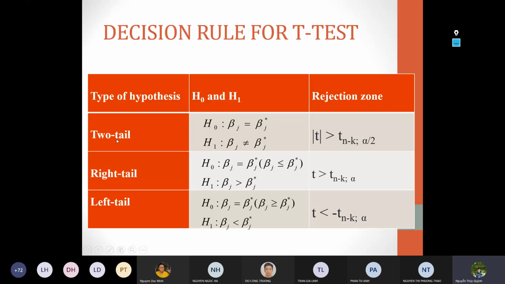For a two-tailed test, or two-sided test, we have here the alternative hypothesis, where beta z is different from beta z star.